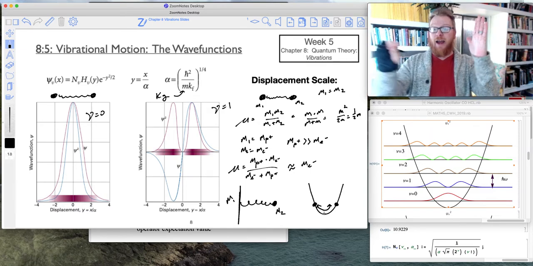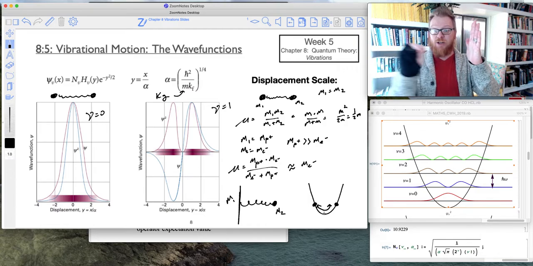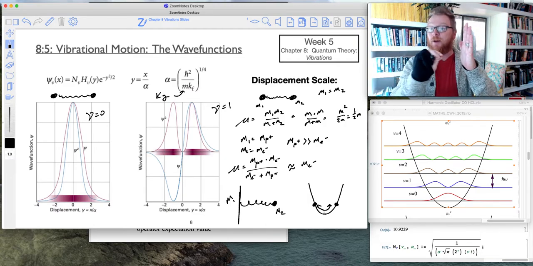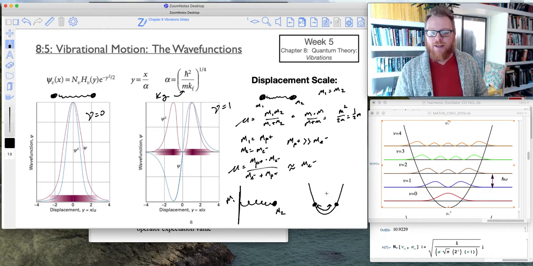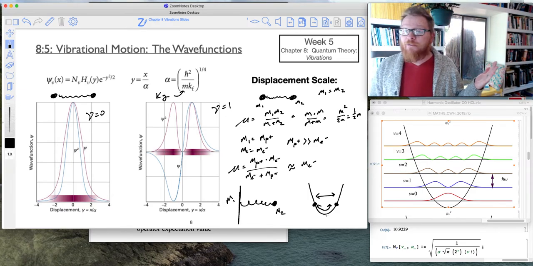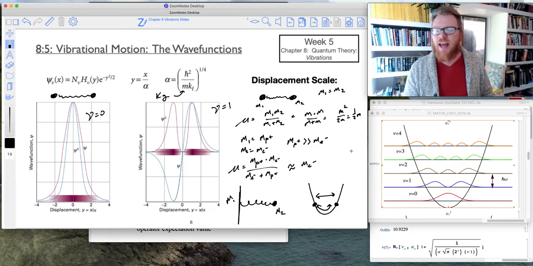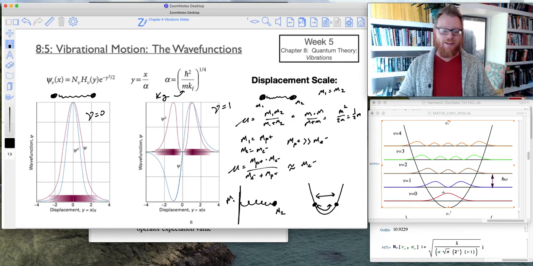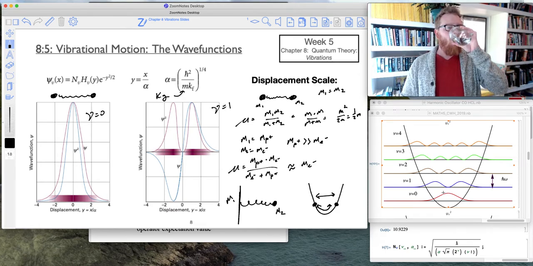Here's my nucleus, some stationary object, and my electron just looks like it's oscillating back and forth right here, giving me my displacement scale. And you can also see based on the wave functions, it makes sense that in the ground state, we predict it to be somewhere there in the middle, oscillating somewhere in the middle of that displacement, okay?